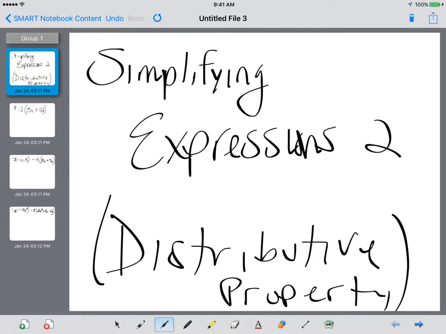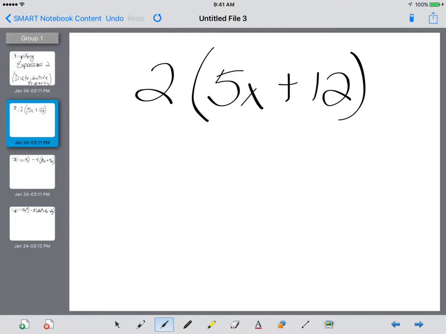In this lesson, we're going to talk about simplifying expressions while using what's called the distributive property. Now, the distributive property says that when we have a number sitting outside parentheses, we can in fact distribute this term to both terms inside.